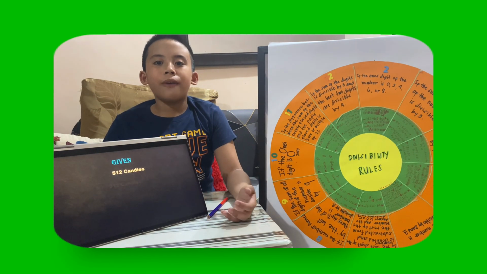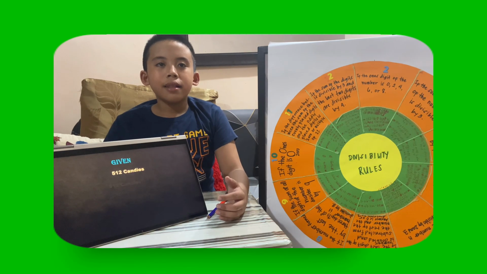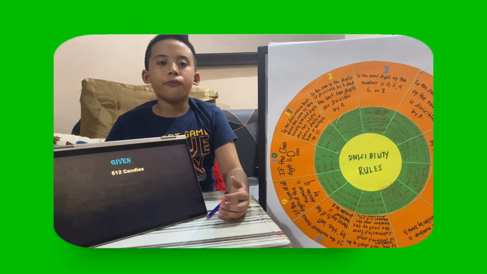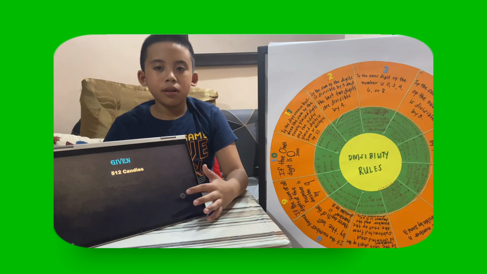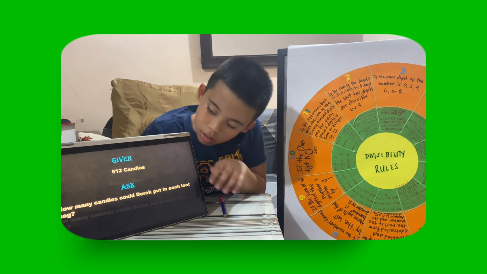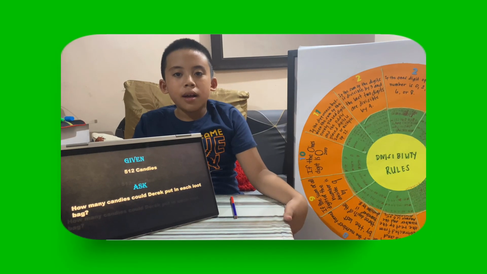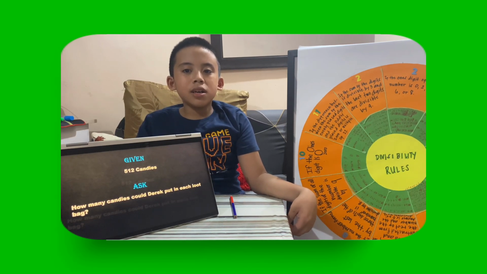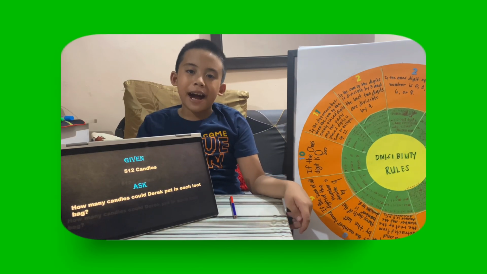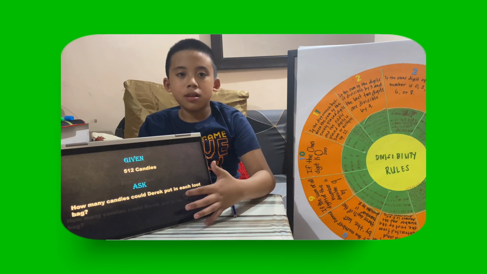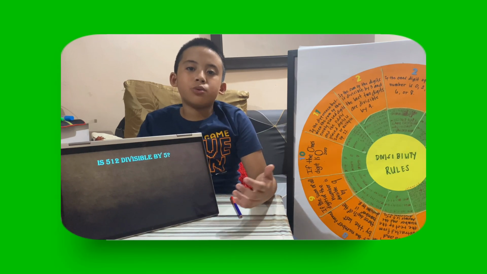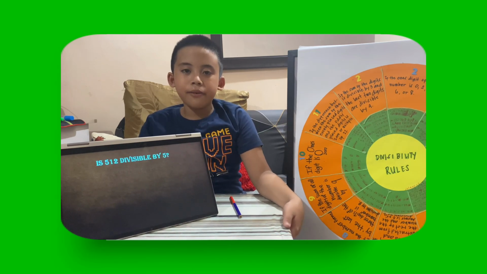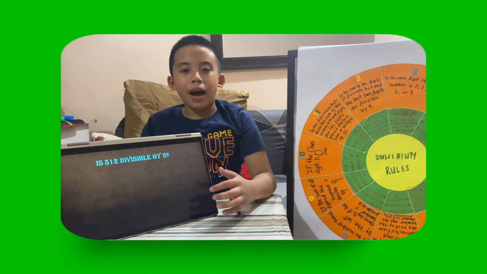The given is 512 candies. Therefore, we have to look for a number that's a divisor of 512. Is 512 divisible by 5? Let's find out.